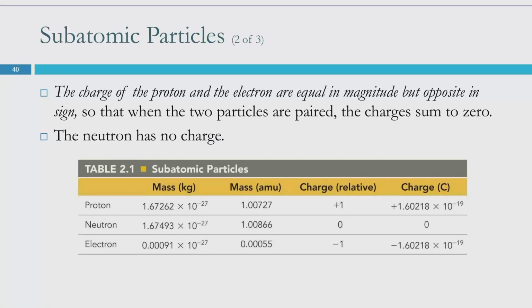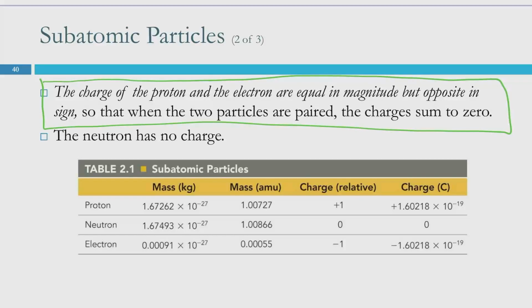Also important, I mentioned this before, but we've got it written down here in italics for some reason. The charge of the proton is equal and opposite to the charge of the electron. So the proton is opposite in charge to the electron but the same in size, despite them being very different in terms of their mass, right? So a proton is about 1 AMU, and it's got a +1 relative charge.